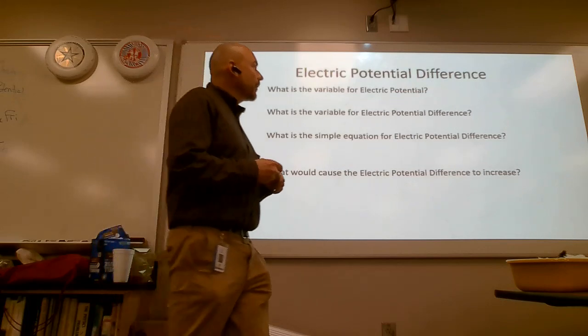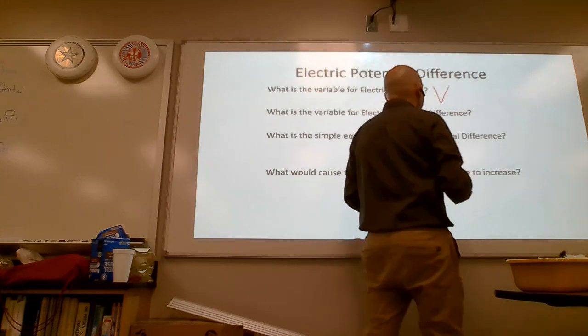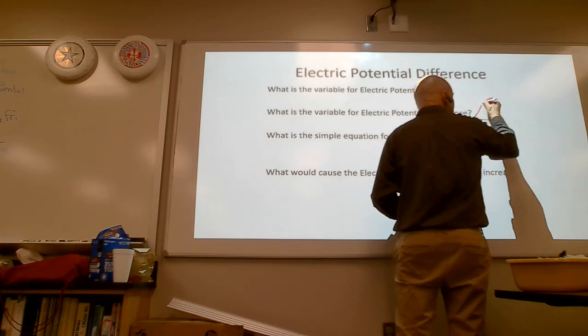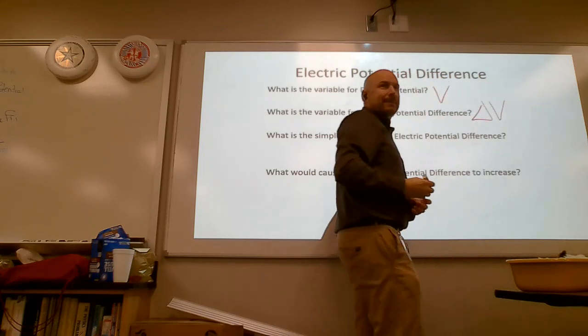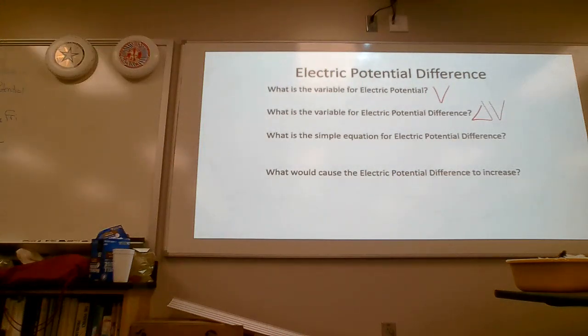Okay, the variable for electric potential is capital V. The variable for electric potential difference is delta, capital V. What do you know? Because we say delta, mathematically, what do you need to do for the electric potential difference? Final minus initial.